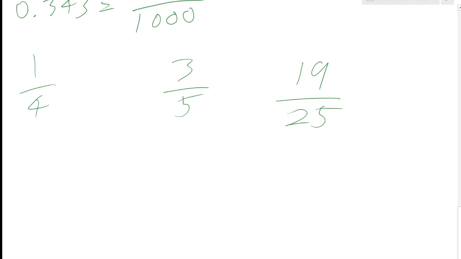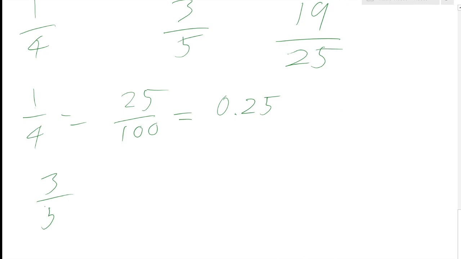Again, pause the video if you need a bit more time, but for 1/4 you find that's equal to 25 over 100, which is therefore equal to 0.25. For 3/5, you're going to want to times by 2 over 2 in this situation to get 6 over 10. And then for 6 over 10, that's just equal to 0.6.